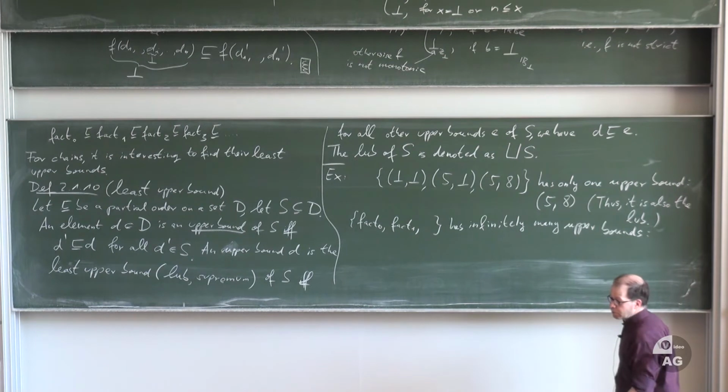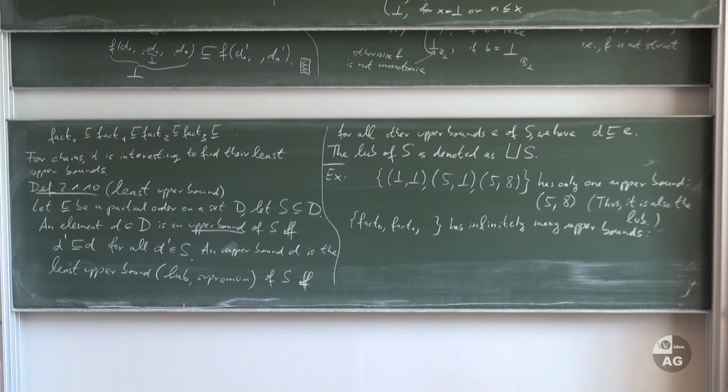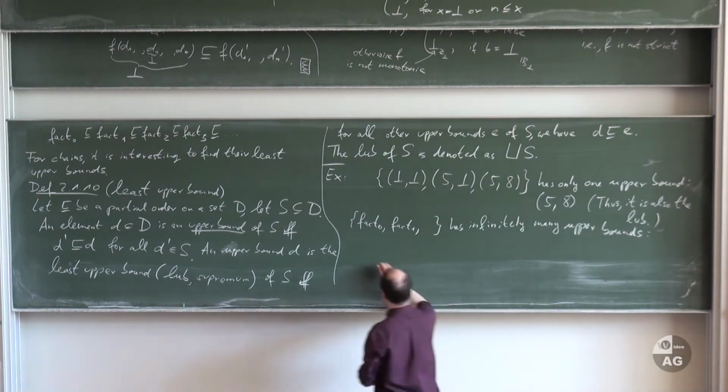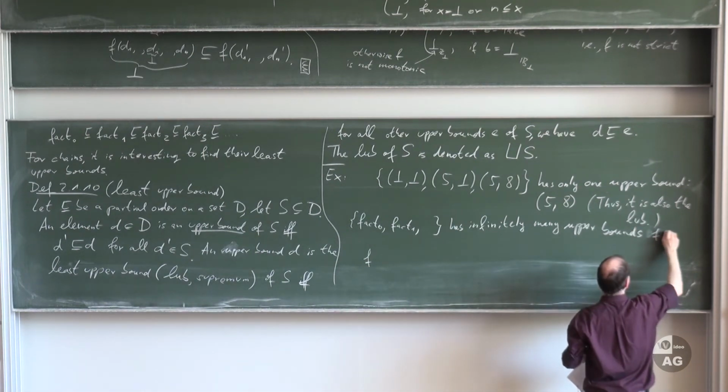So how would these upper bounds look like? Well, I mean, these are functions. So the upper bound is also a function which goes from Z bottom to Z bottom. So infinitely many upper bounds f.